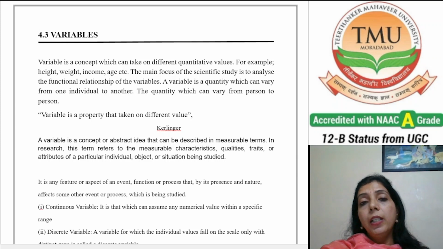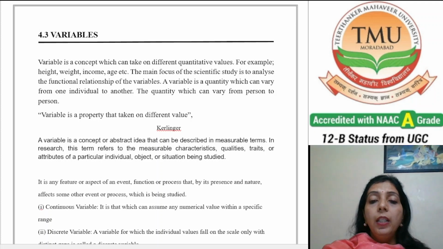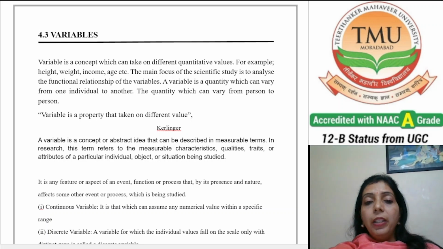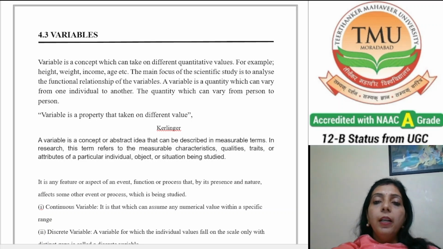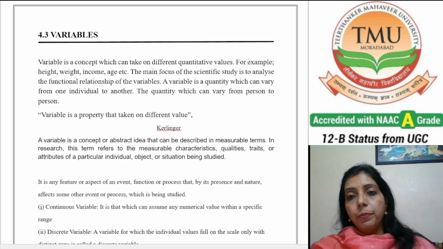So a variable is a concept or abstract idea that can be described in measurable terms.